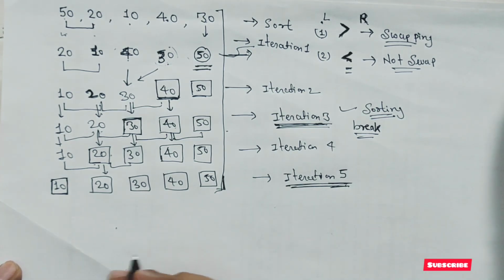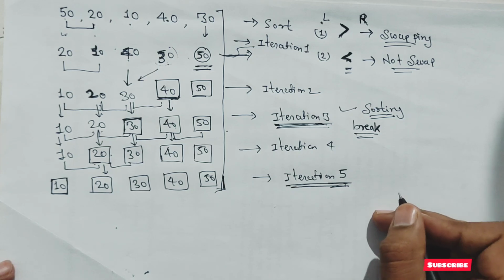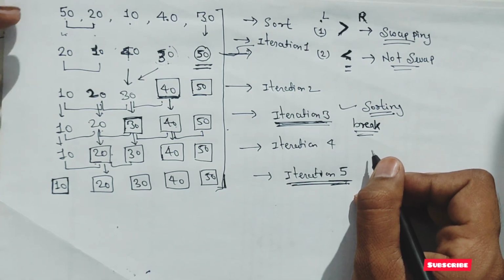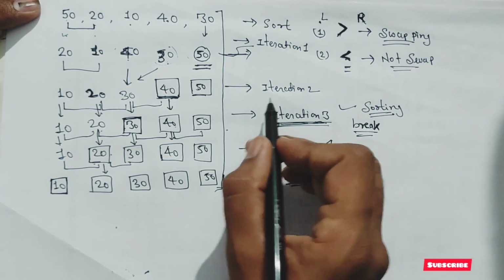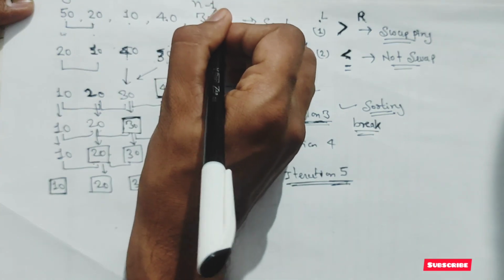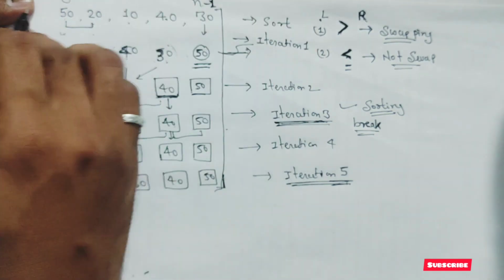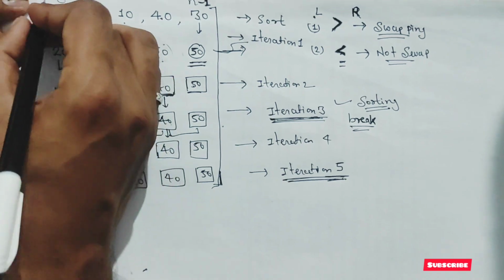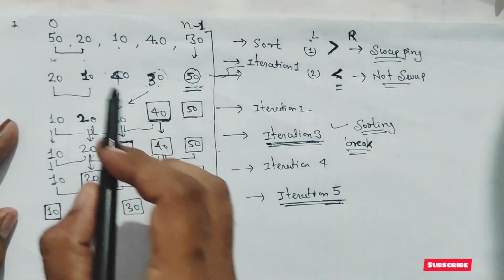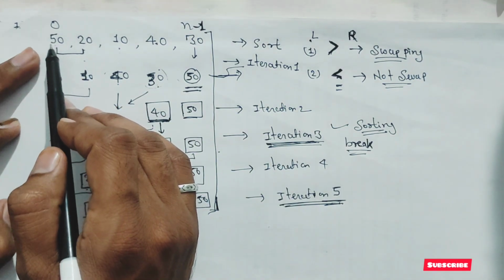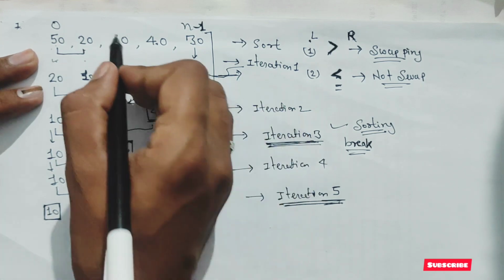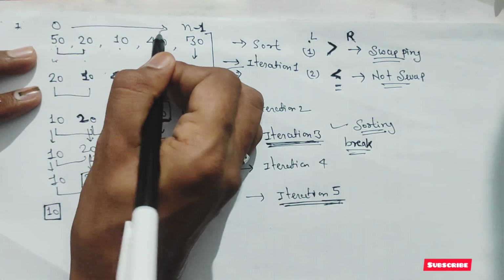Now the logic in the program: how will we write the logic, how will we write a program? As you know, in each iteration we go from 0 to n minus 1, the index values. This is the index 0, this is n minus 1, and the first iteration will require that much.